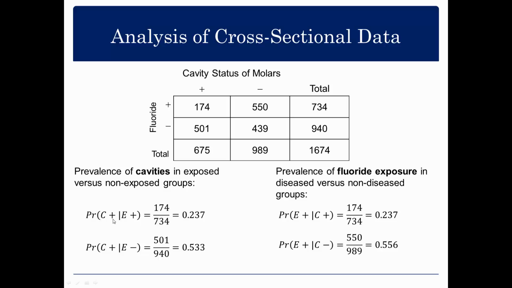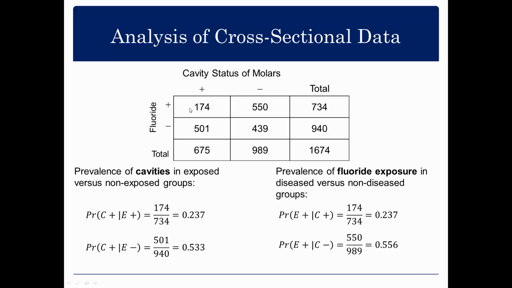The first plus corresponds to yes, we have a cavity. The second plus corresponds to yes, we were exposed to fluoride. And this is simple if you think back to your first week of your introductory stats course. It's just a proportion. We first limit our denominator to this population who was exposed.